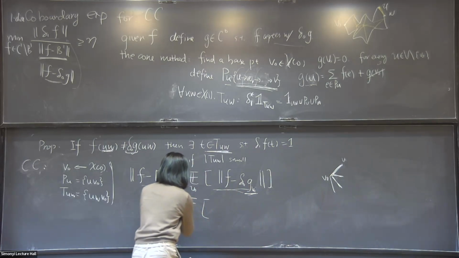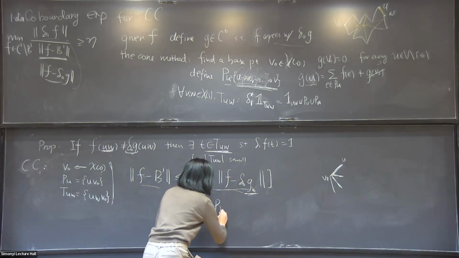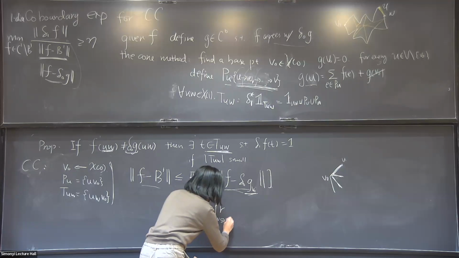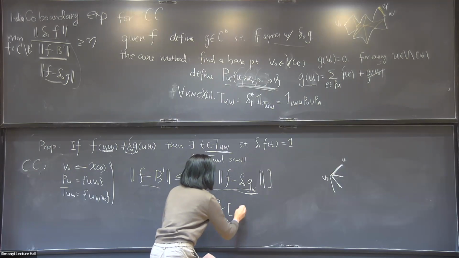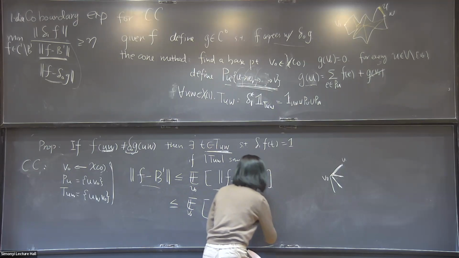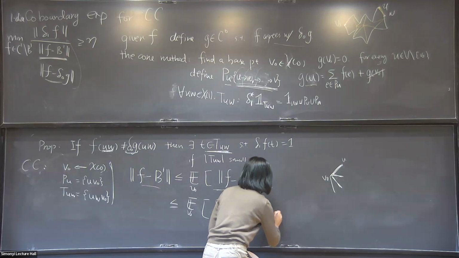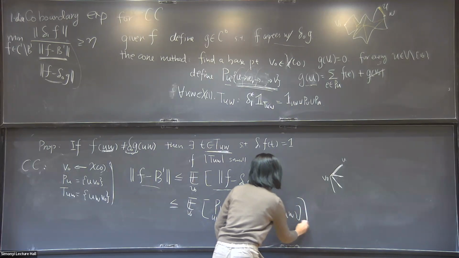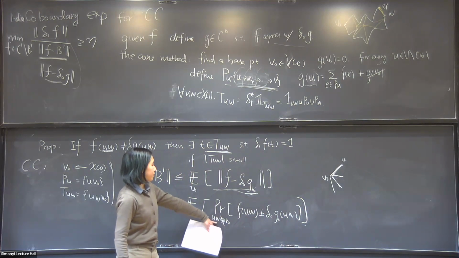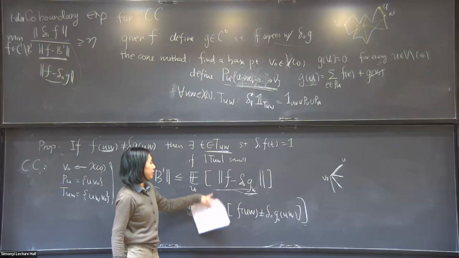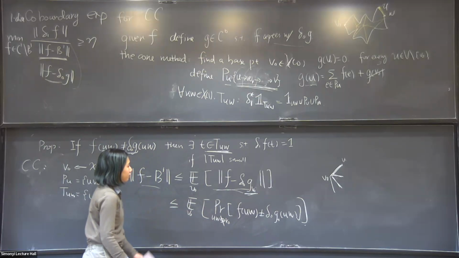So I claim that I can replace the inside by the probability over UW that does not contain V0, that F of UW is not equal to delta 0 G V0 UW. This is just a bit of renormalization, and we actually make the probability a bit larger than before, when it should be.